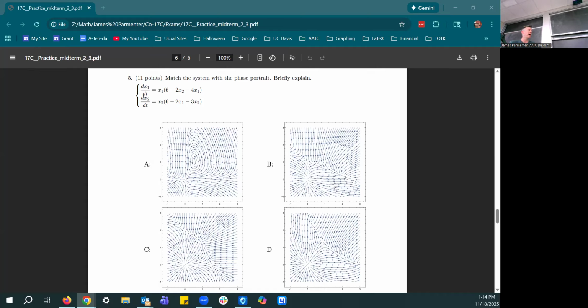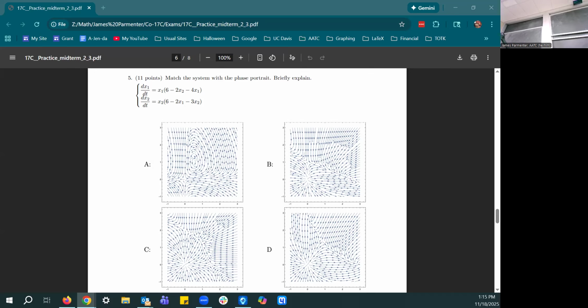So what I would point out is if you were asked something like this, you definitely want to look for the equilibria. I can see one of the equilibria is obviously (0, 0), and it looks like all of these have it. So you probably have to start looking for other equilibria as well.